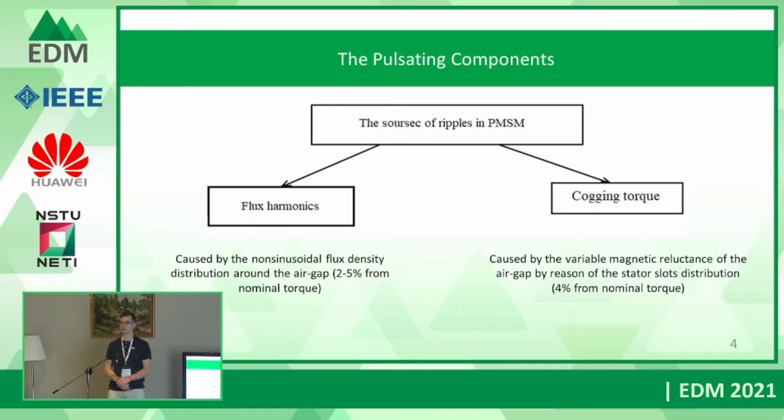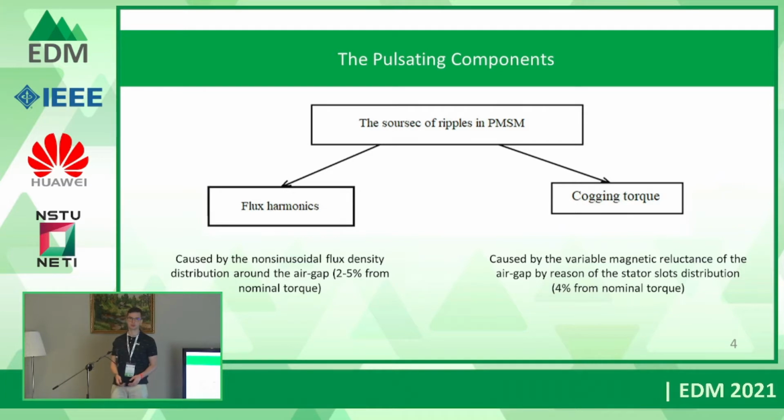First is caused by non-sinusoidal flux density distribution around the air gap, called flux harmonics. Pulsation from this source can reach 2 to 5% of nominal value. The second source is cogging torque, and it appears because of interaction between rotor permanent magnets and the stator teeth. Pulsation from this source can reach up to 4% of nominal value.